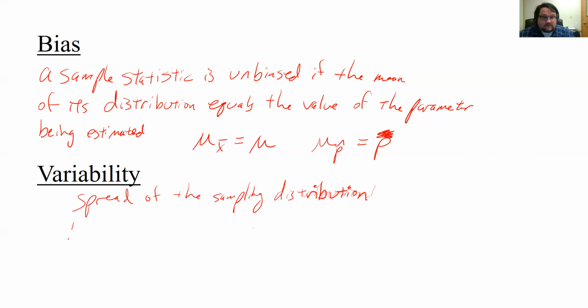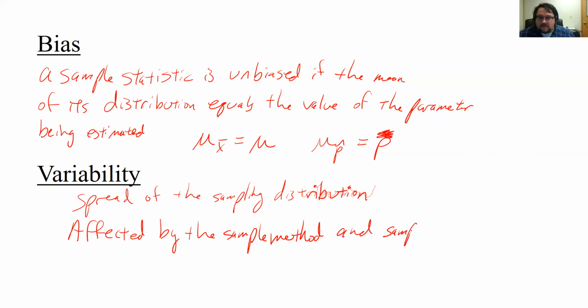And this is affected by the sampling method. That can affect the distribution, and sample size. Remember, the standard deviation is kind of a measurement of variation. It's not the variance, that's the square, the standard deviation, but a variation. So we saw that as you changed the sample size, that changed how spread out the data was around that mean there.